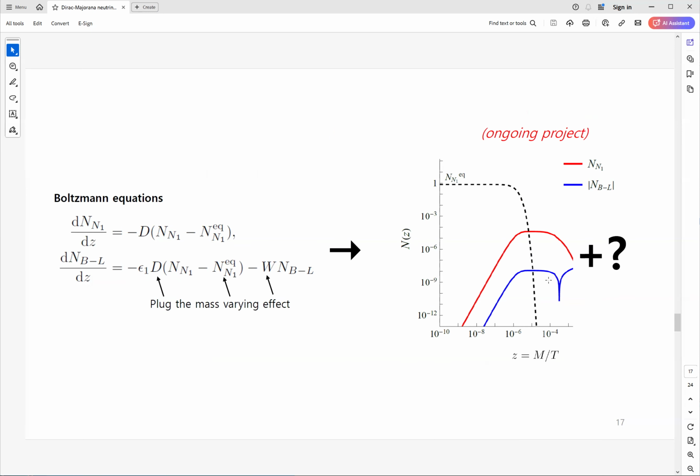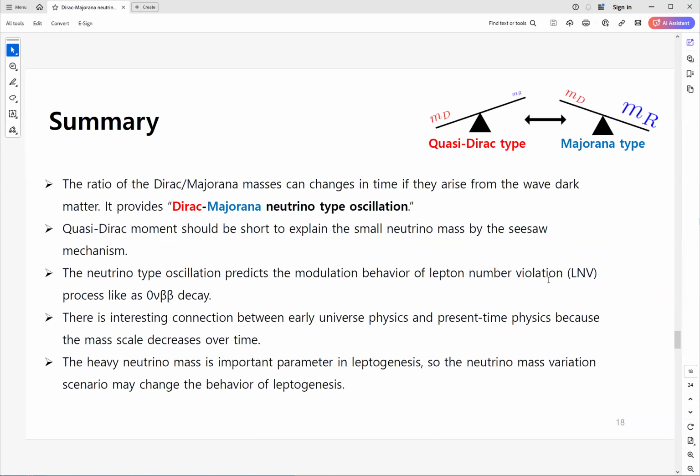This is already the publication. So in summary, if the ratio between the Dirac and Majorana mass terms changes in time, then it can provide Dirac-Majorana neutrino-type oscillation, and this can be realized by using wave dark matter. There are several constraints from cosmology and neutrino physics, and the coherent time should be short to explain the small neutrino mass.